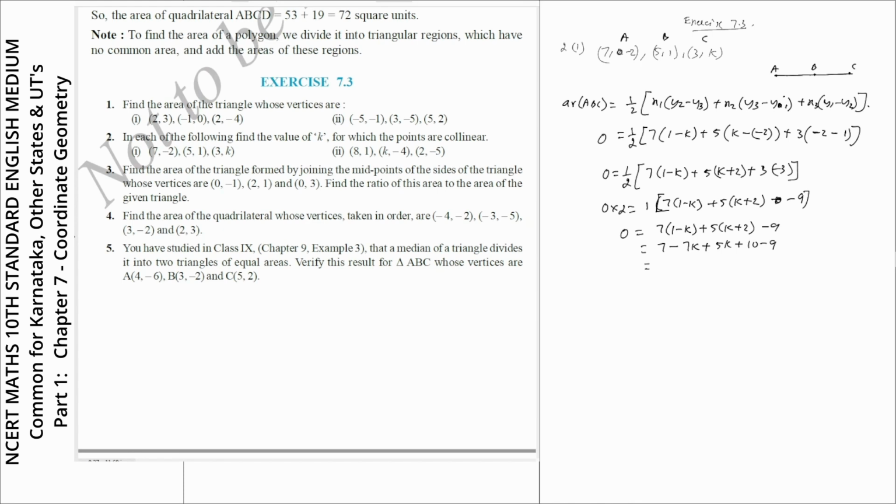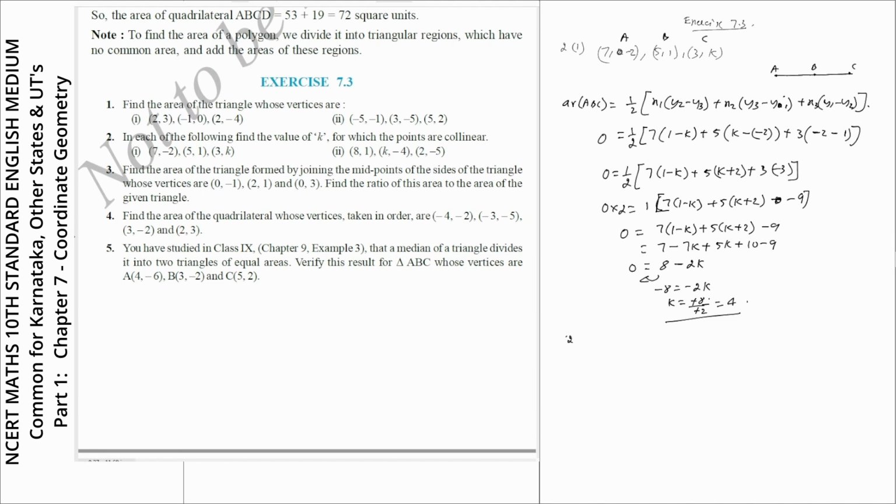So how much will I get? 7 plus 10 minus 9, so 10 minus 9 is 1, so 8, then minus 7k plus 5k is minus 2k. So now I'll bring 0 is equal to 8 minus 2k. I'll bring this 8 to the left hand side, I'll get minus 8 is equal to minus 2k. So k is equal to minus 8 by minus 2, minus will get cancelled, 2 4s are 8, k is equal to 4 is the answer.